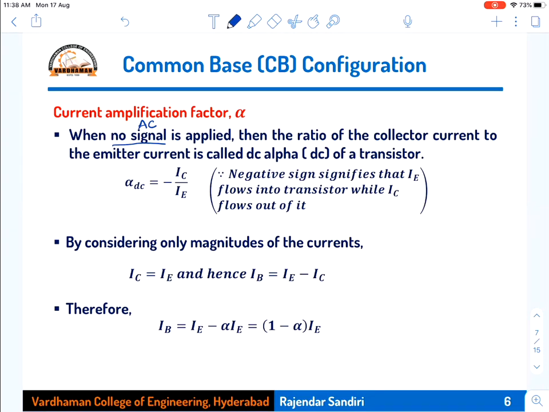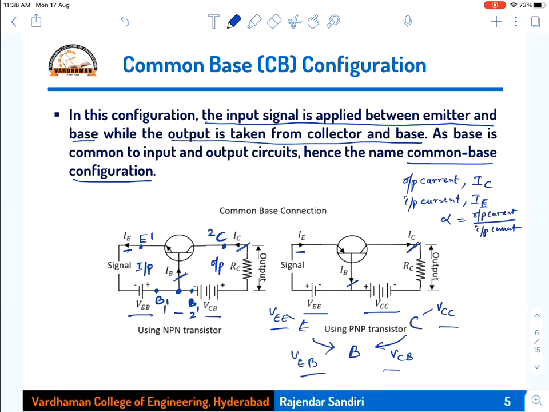That is no doubt. But why has this negative sign come? The negative sign is because of the directions of the currents. If you see, the output current IC is flowing inside, and the emitter current is flowing outside.